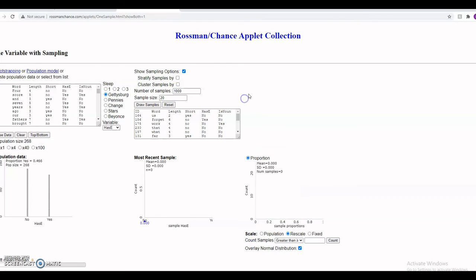So let's see a sample size of 20, which applies for the central limit theorem, and it's also at least 5% of the population. When we do a sample size of 20, you can see the standard deviation is really low, and we get this interesting curve.